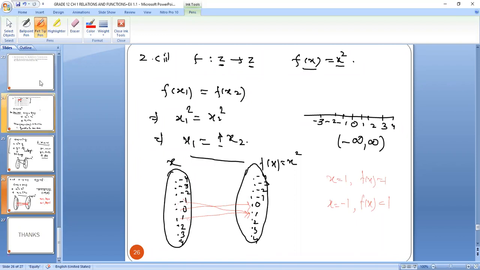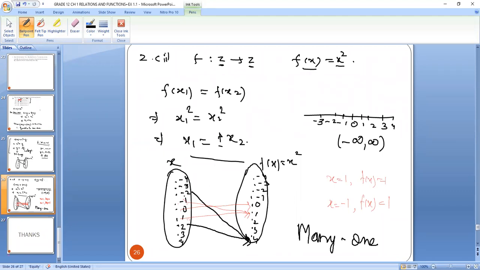It is many-1, right? In the same way, 2 will be connected to 4 and -2 will also be connected to 4. You will find so many pre-images that have only one image. Therefore this function is many-1, not 1-1.